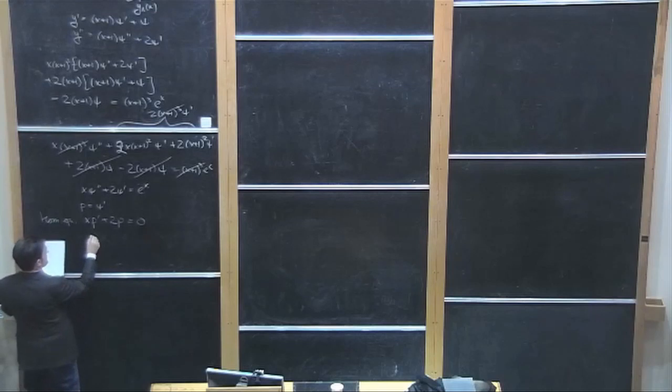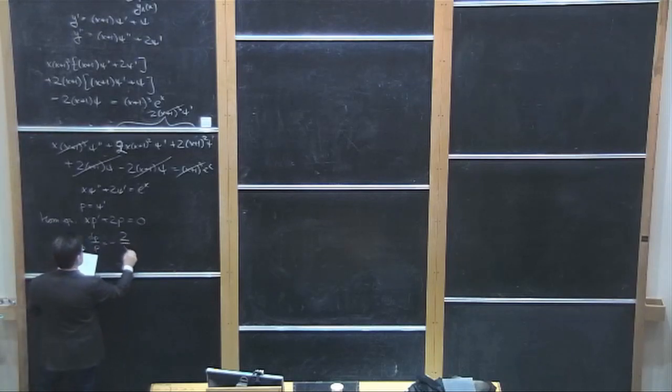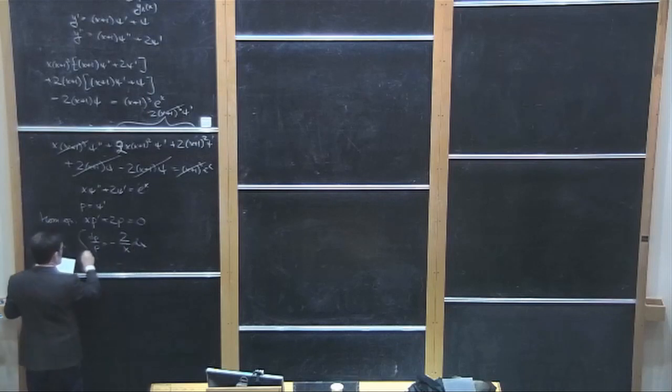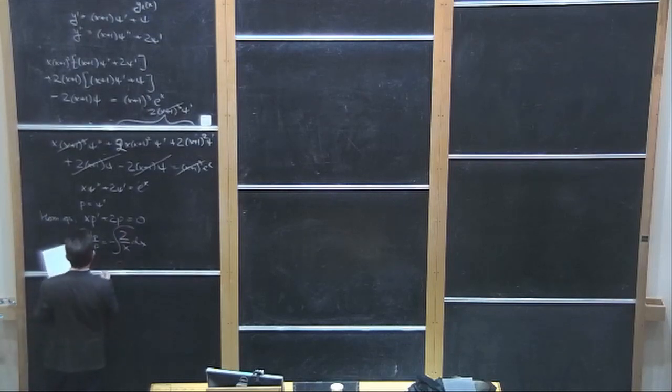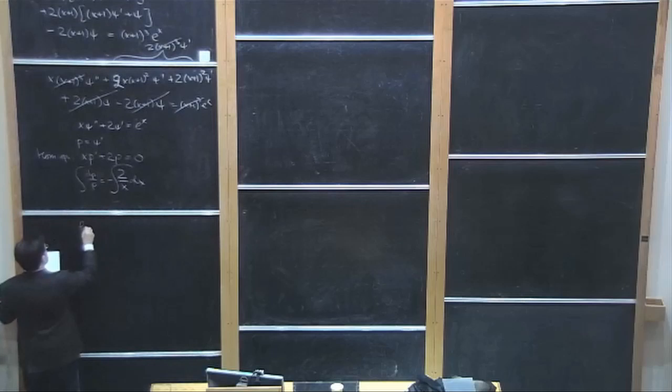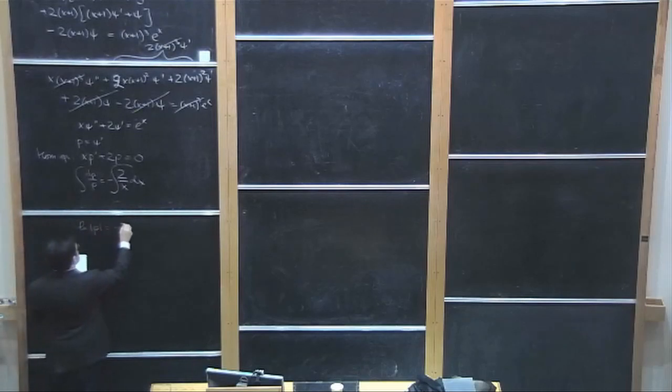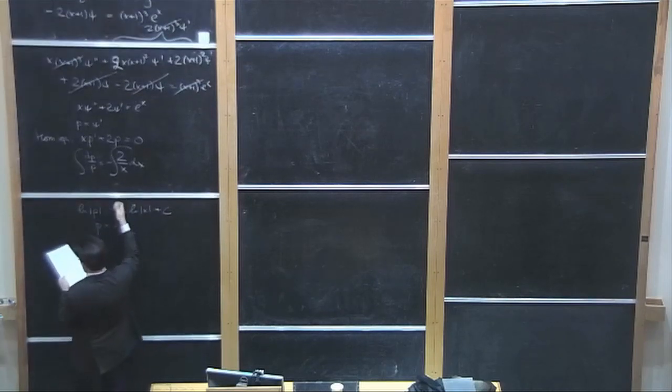So dp over p equals minus 2 over x dx. We integrate that, and that gives us log p equals minus 2 log x plus c, and so p is equal to c over x squared.